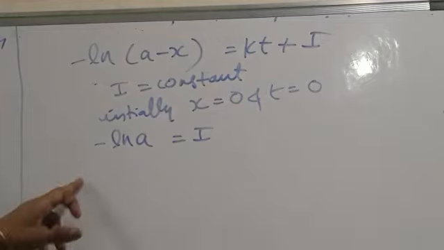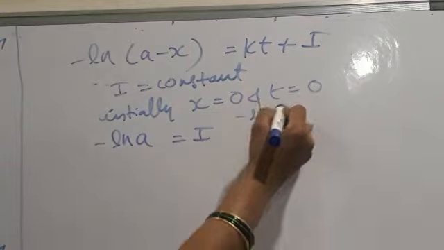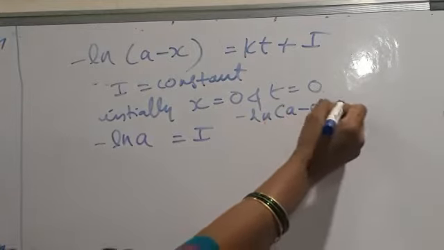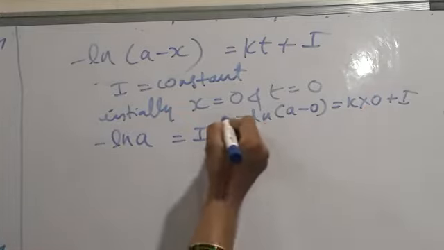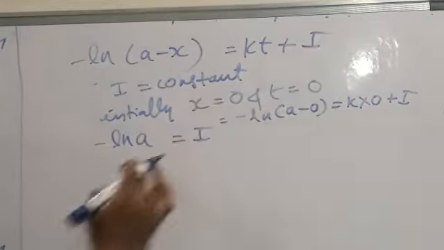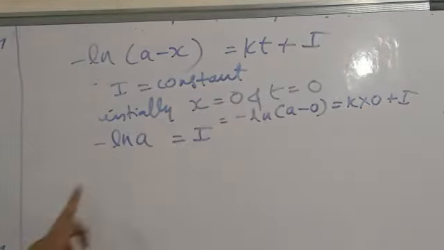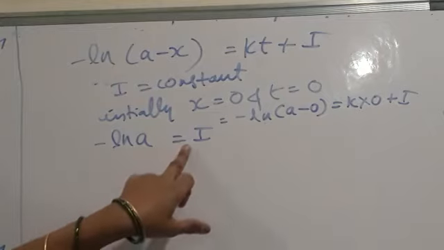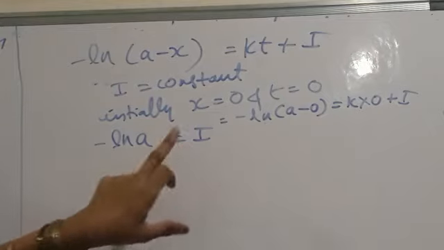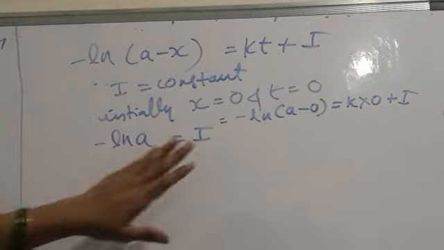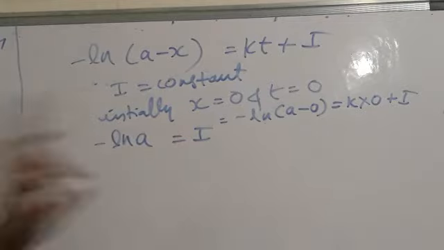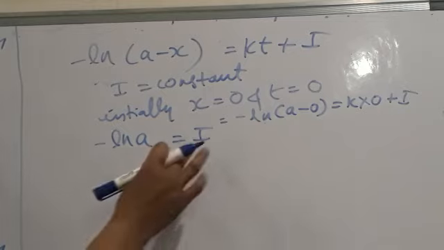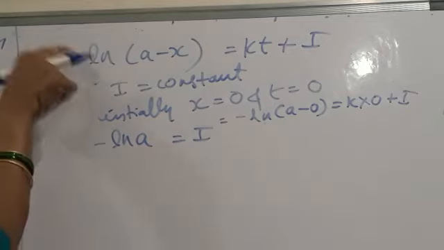So, minus ln a minus 0 is equal to k into 0 plus I. Okay. By substituting this, finally we get minus ln a is equal to I. Okay. So, this is I value. What is I value here? Minus ln a is equal to I. Then substitute I value in this equation.